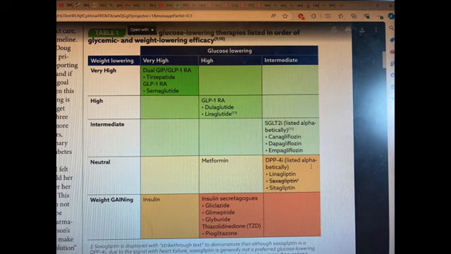So, what is insulin? That's my first question. Insulin is actually a hormone that the body produces, to cut the long story short.